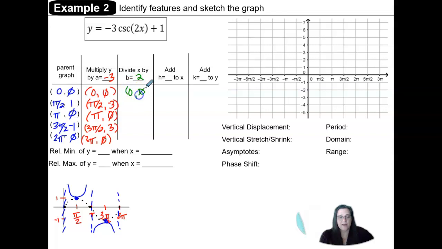So that asymptote has not moved. Then pi over 2 divided by 2. Remember to divide means to multiply by the reciprocal. So that would be pi over 2 times 1/2 or pi over 4.